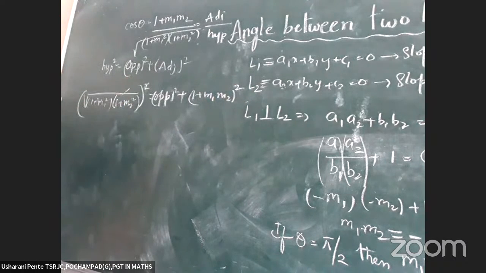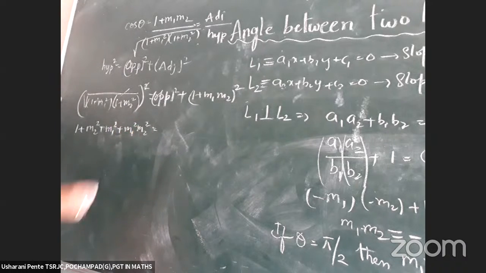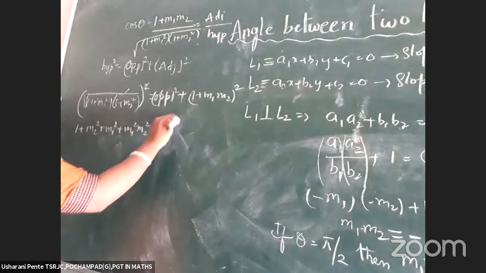So square and root cancel. Now we multiply: 1 plus m2 square plus m1 square plus m1 square m2 square, that is equal to opposite square.